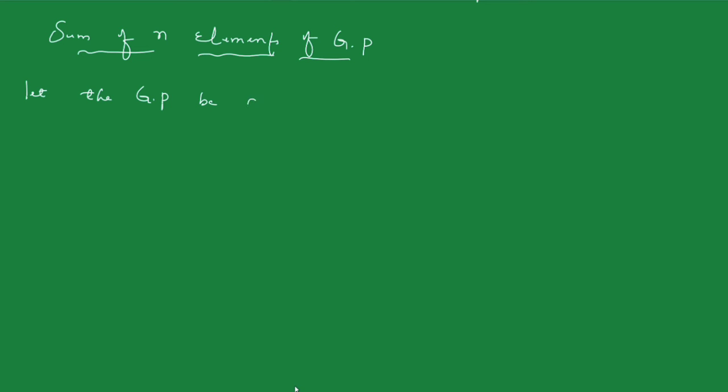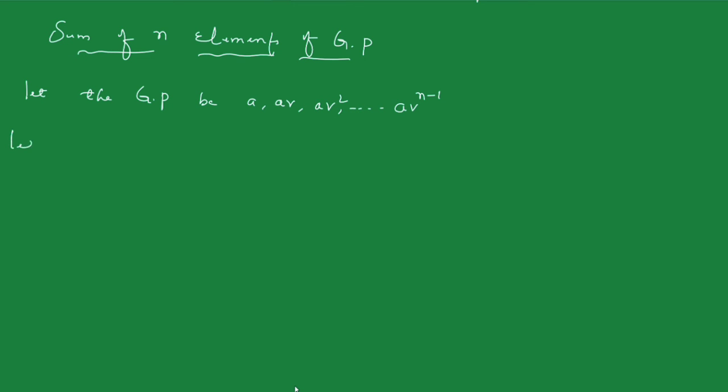Next we will see the sum of n elements of a GP, right? So let the GP be a, ar, ar square, so on up to ar to the power n minus 1. It is nothing but our geometric progression.